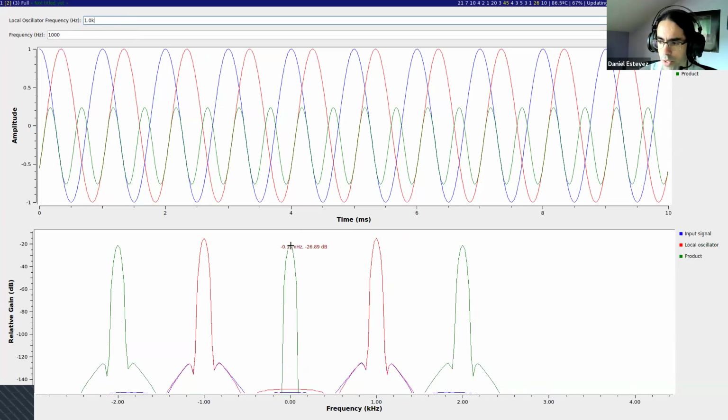It is something at 0 hertz, but we also get the sum of frequencies. So this is a term we do not actually want. We could use a filter to remove it, but nevertheless, it is there because when we multiply trigonometric functions, we get the sum and difference of frequencies. So it's not really a frequency translation. It is something similar, but we get additional signals we don't want.